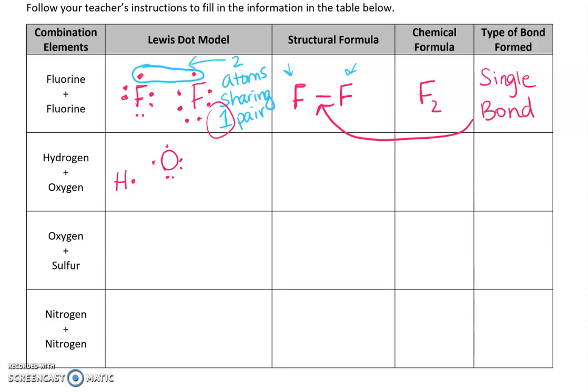And we see here that hydrogen and oxygen can share 1 pair of electrons here. So between this hydrogen atom and oxygen, they're sharing 1 pair of electrons. And then you'll notice that oxygen still has that one unpaired electron up at the top.